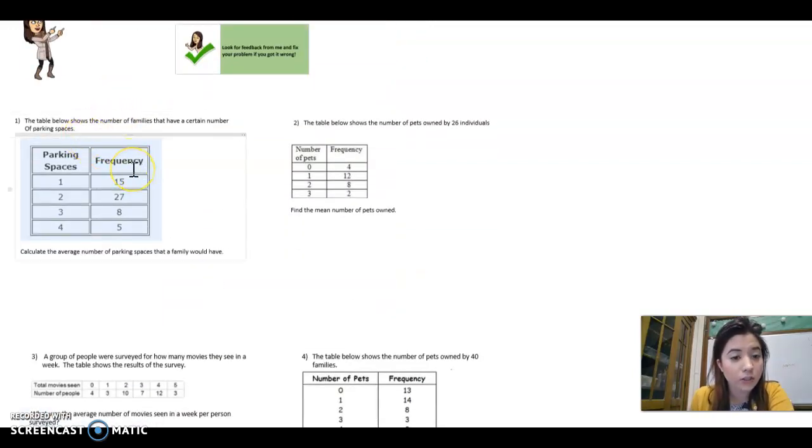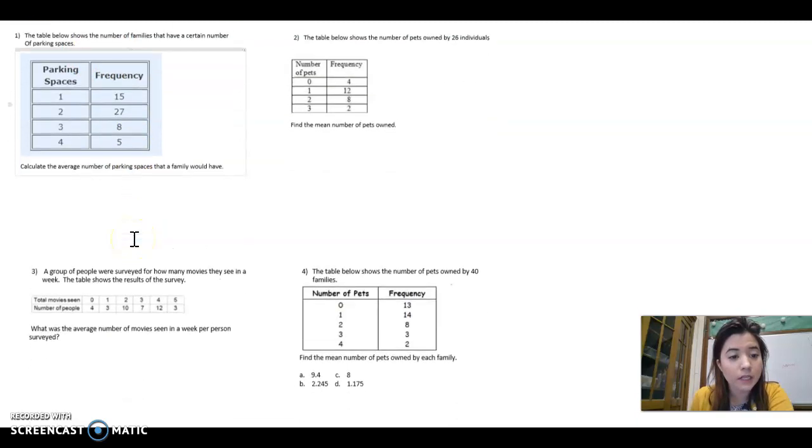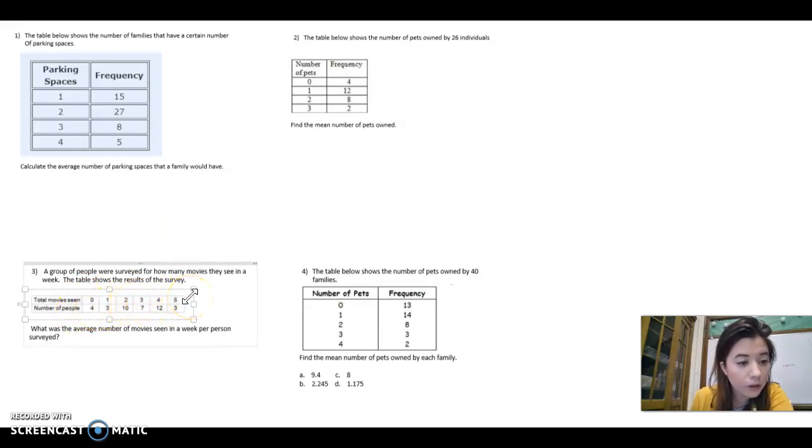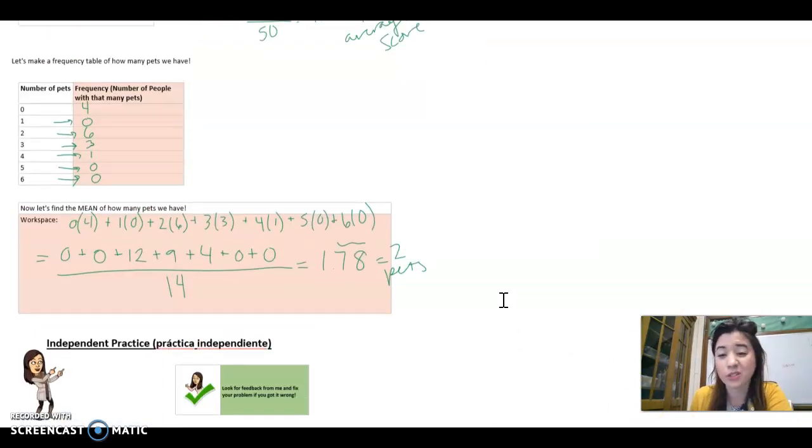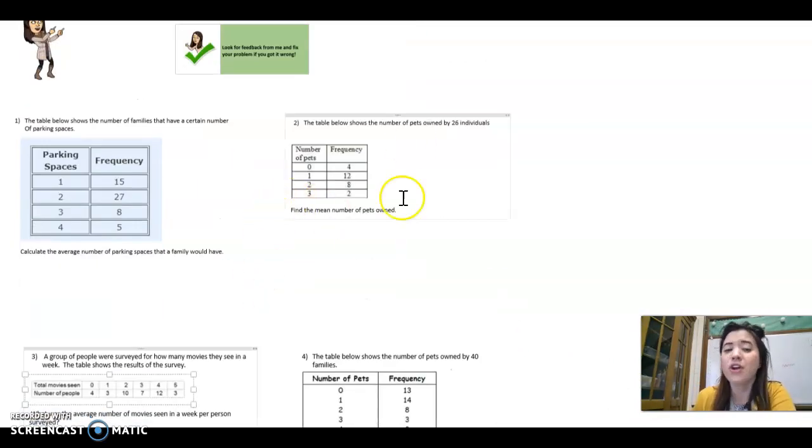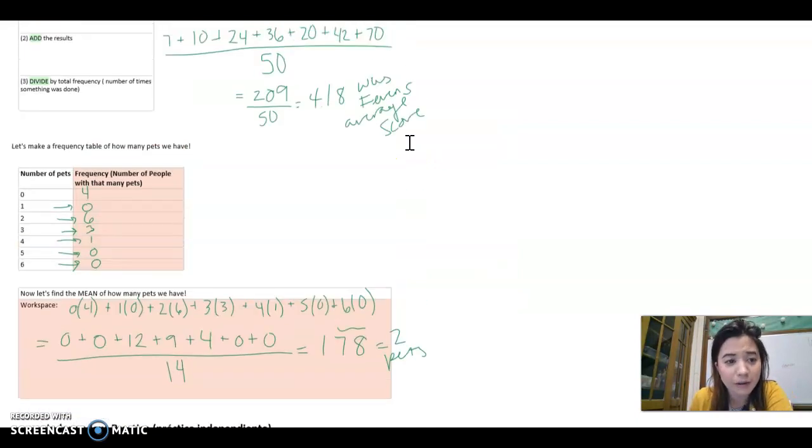So in this case, make sure you add up your parking spaces. You would need to add up your number of people, which I might do that for you, to be honest. Sorry, I'm just rambling now. You have 4 problems to do, check them out.